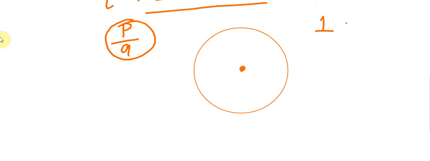Let me give you one simple example. Suppose we have a pizza. A pizza is one in itself, one pizza, and we divide this pizza into 5 pieces.